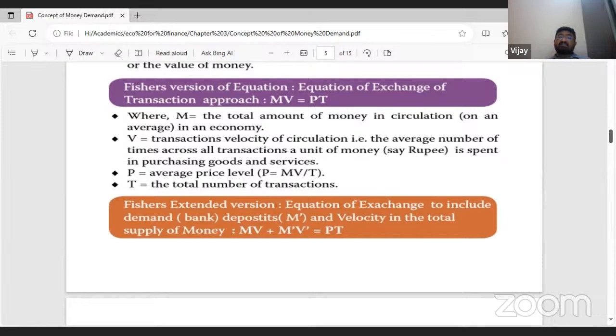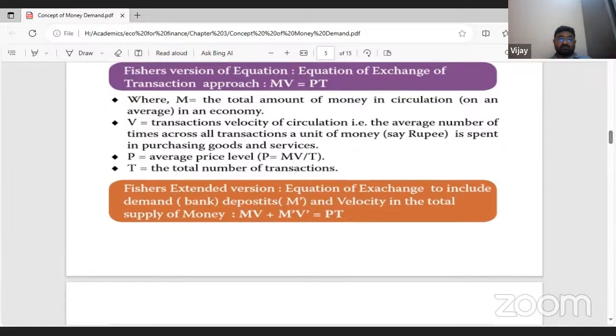That card, whether credit card or debit card, is also used for transactions, for buying goods and services. So that will also be taken into account. Currency notes plus the banking transactions will be put together and used for transaction purpose.